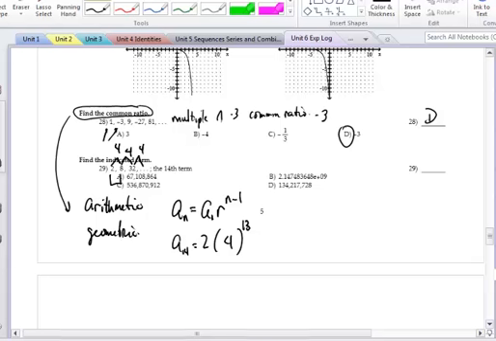So 4 to the 13th, I'm just calculating on the calculator while I'm talking, and times 2 is, well, that's a big number, 134,217,728. That would be choice D.